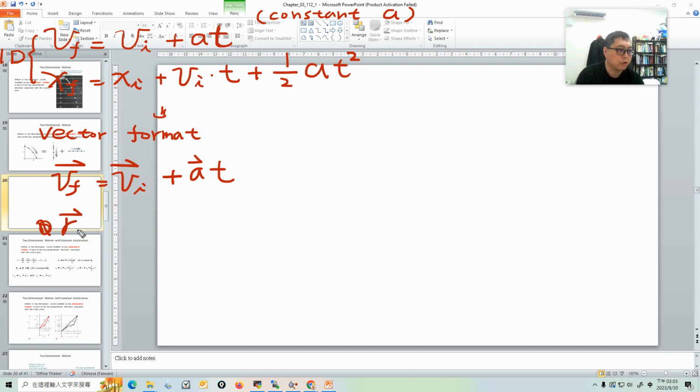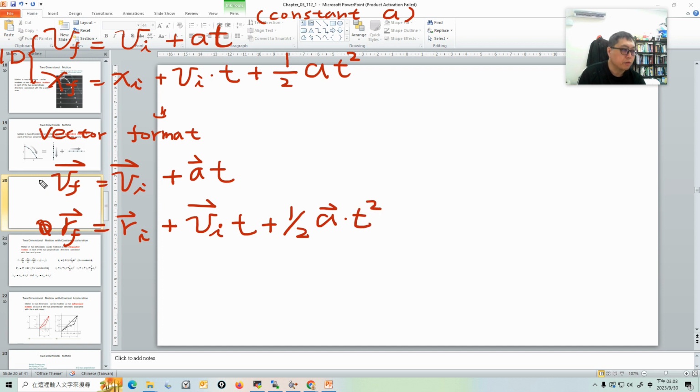The final position is equal to initial position plus initial velocity times t plus 1/2 a times t squared. This is in vector format. Just put a vector on these quantities: velocity, position, and acceleration.